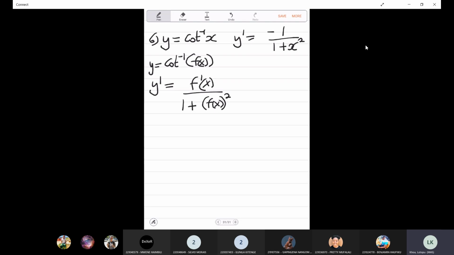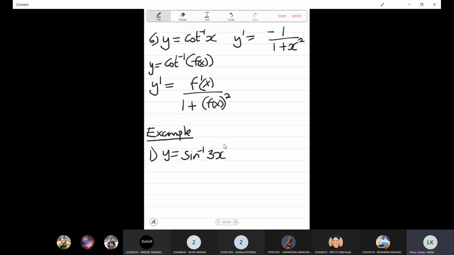Okay, so now we look at some examples. The first one, we have y is equal to sine inverse of 3x. So here you can see my f of x is equal to 3x.